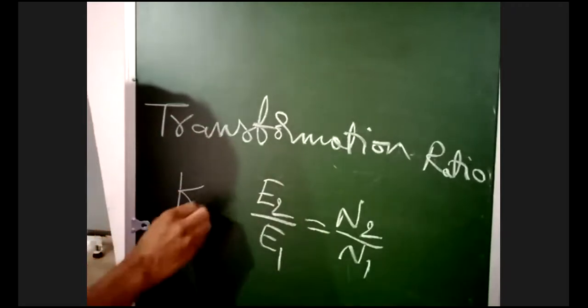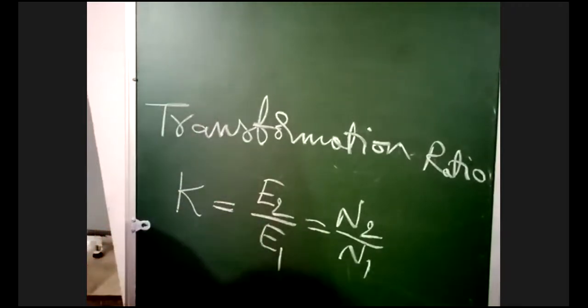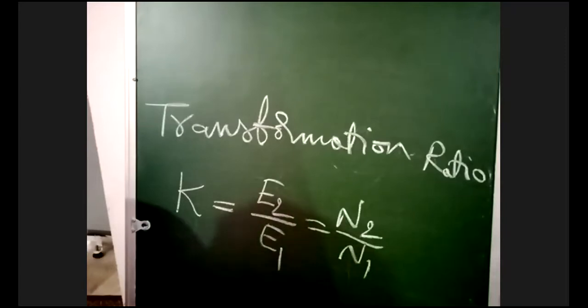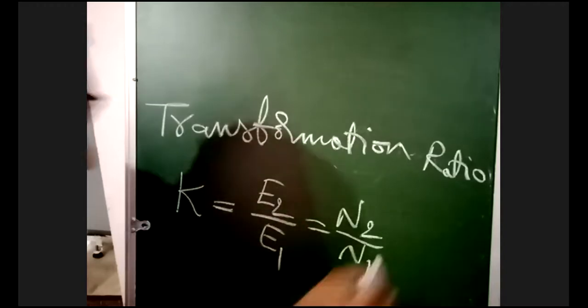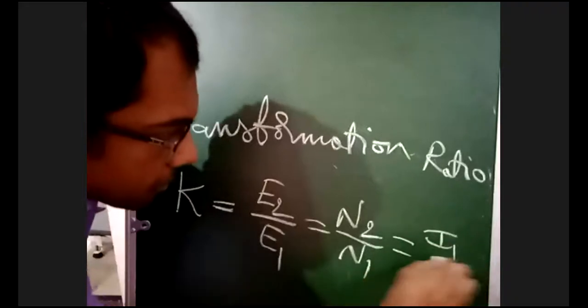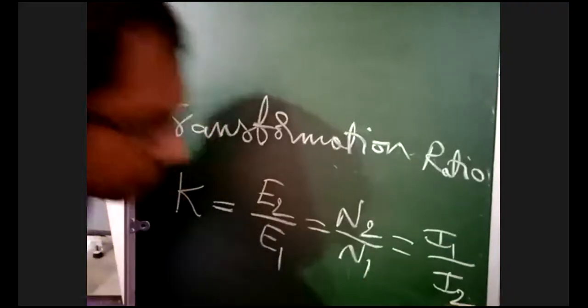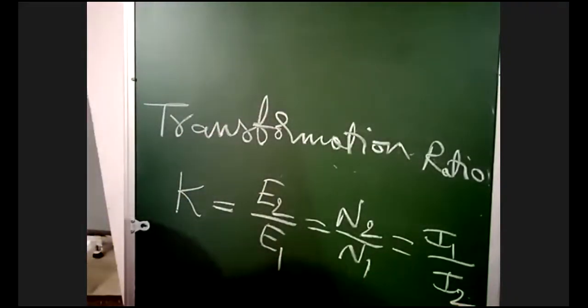Transformation ratio is represented with K. In the exam you can write the formula for K is equal to E2 by E1, or N2 by N1, or I1 by I2.